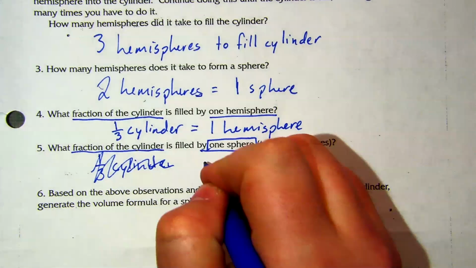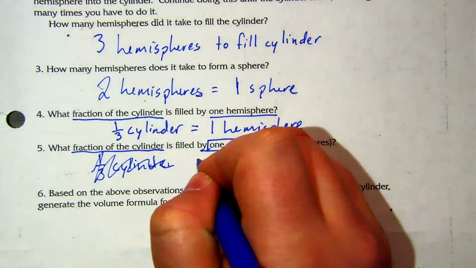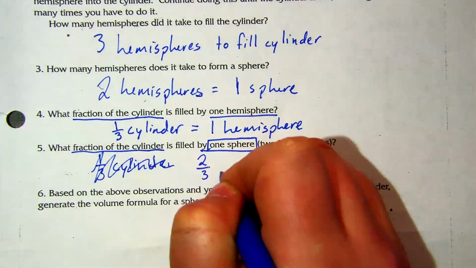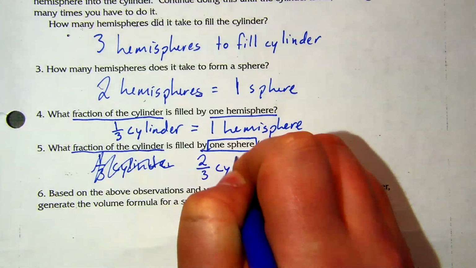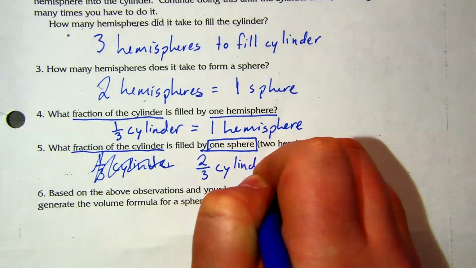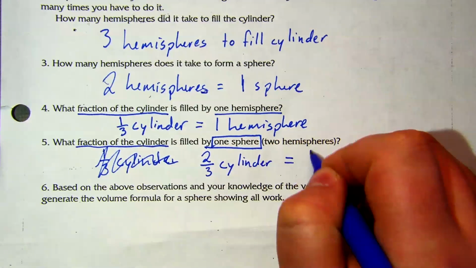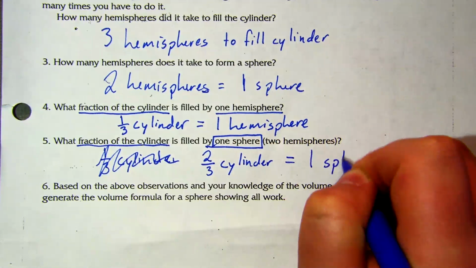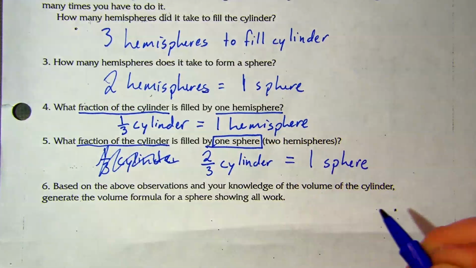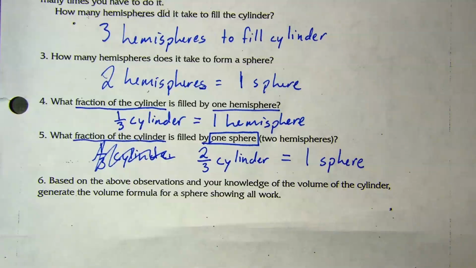I see a couple people with it in the chat. 2/3. So 2/3 of a cylinder equals 1 sphere. Awesome. Perfect.